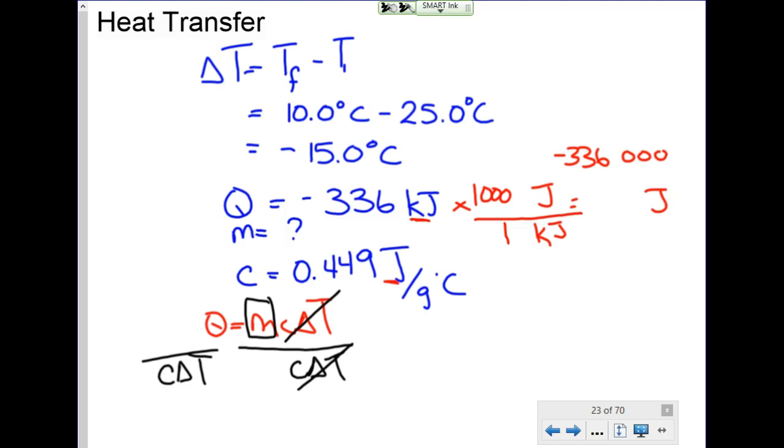The Celsius. But I need to solve for X. How am I going to solve for X? Negative 6.735. Yes. And what I do to one side, I must do to the other side.